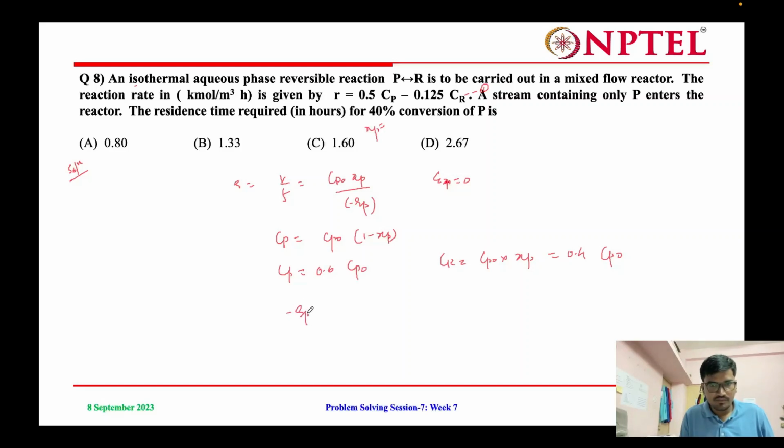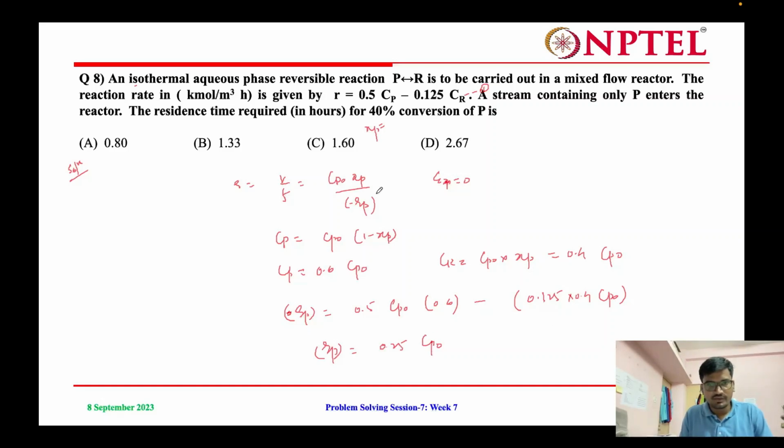So minus Rp equal to 0.5 times 0.6 Cp naught minus 0.125 times 0.4 Cp naught. So minus Rp equal to 0.25 Cp naught.